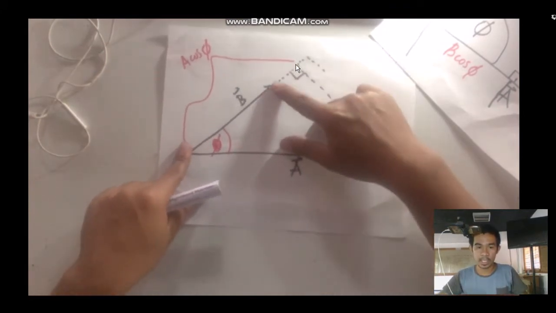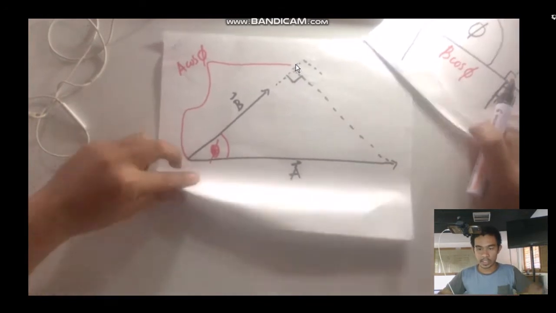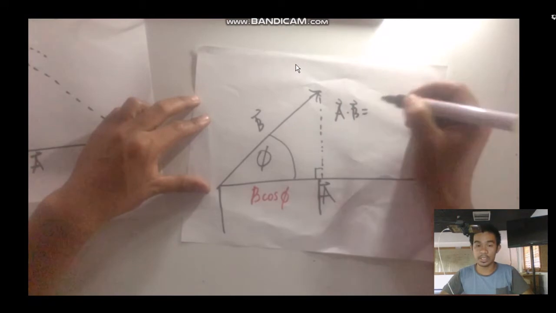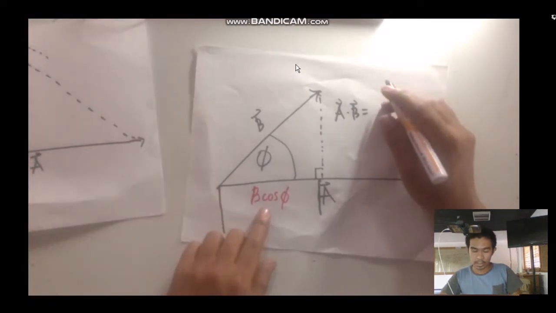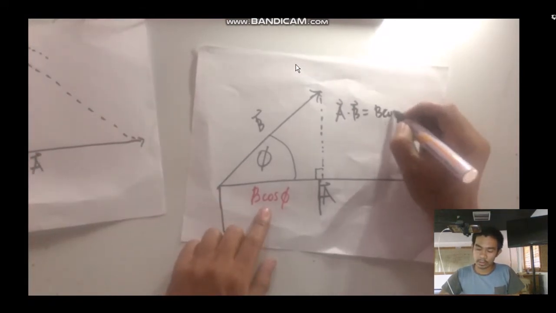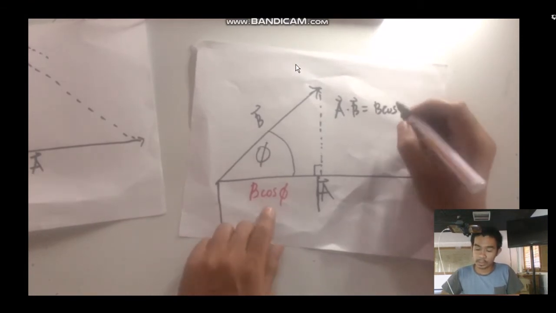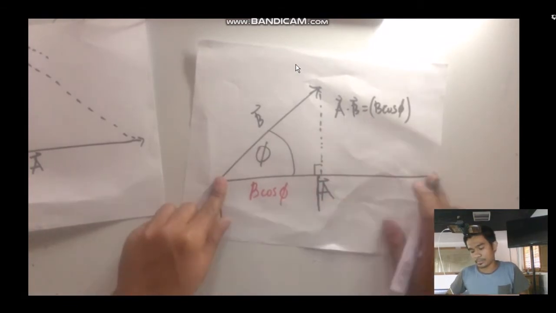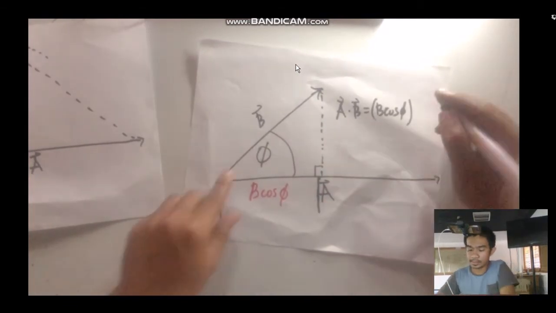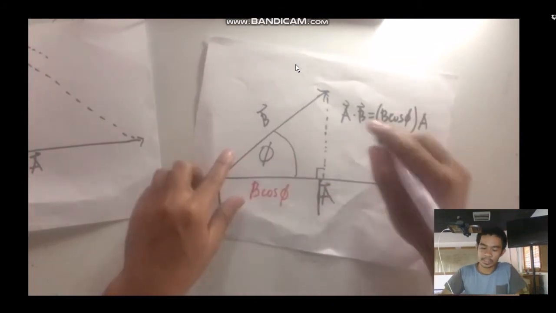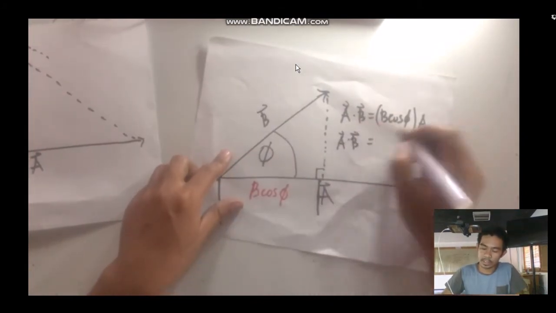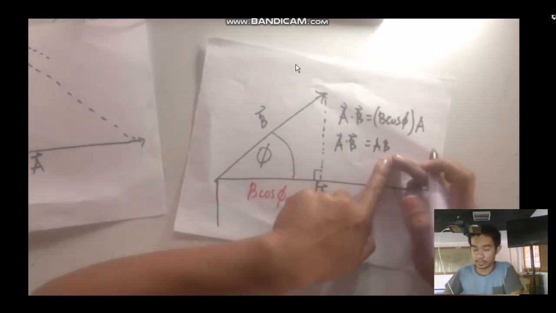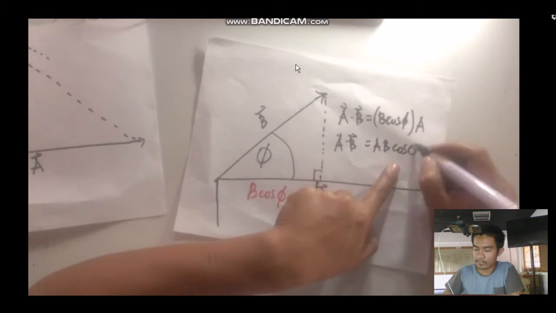In this case, the dot product of vector A and vector B is the projection of the component of vector B, which is B cosine phi, times the magnitude of vector A, which is A. So vector A dot vector B equals AB cosine phi, the magnitude of vector A times the magnitude of vector B cosine phi.